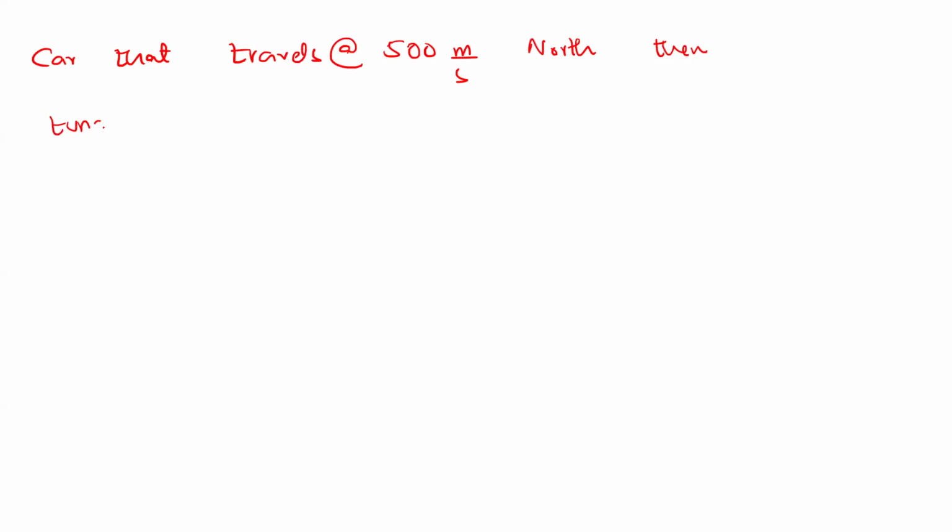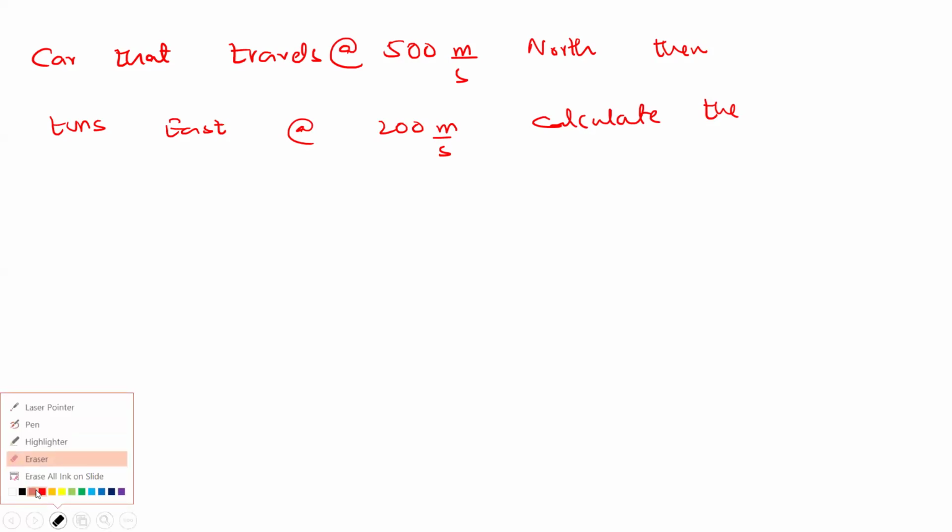For example, there is a car that travels at 500 meters per second north, then turns east at 200 meters per second. Calculate the resultant velocity.